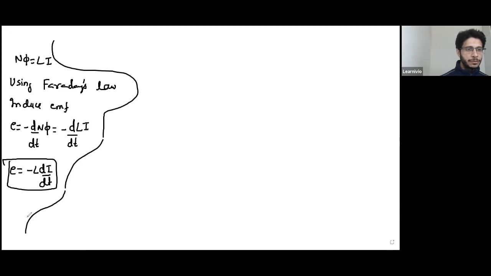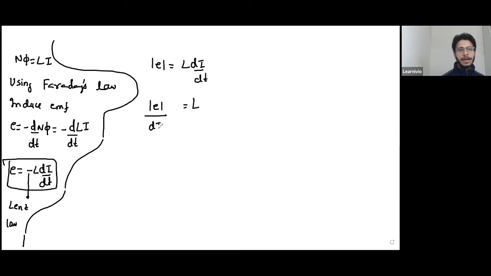This is the induced EMF. And this negative sign, as ever, shows Lenz's law. If you don't want direction, then you can take the modulus: E is L di over dt. Or you can write L as mod of E over di over dt.